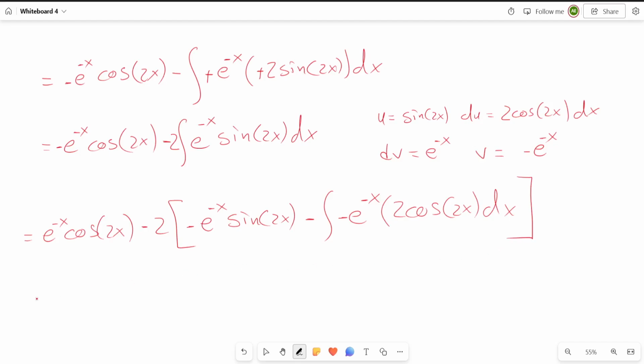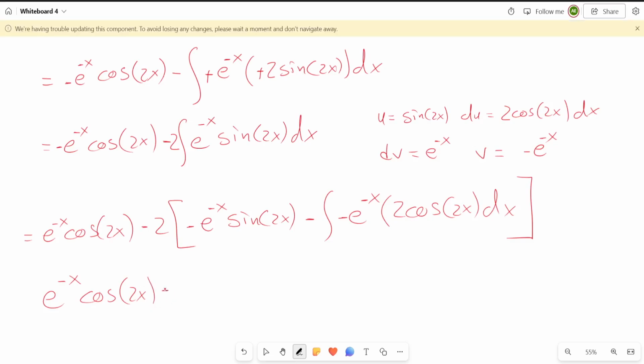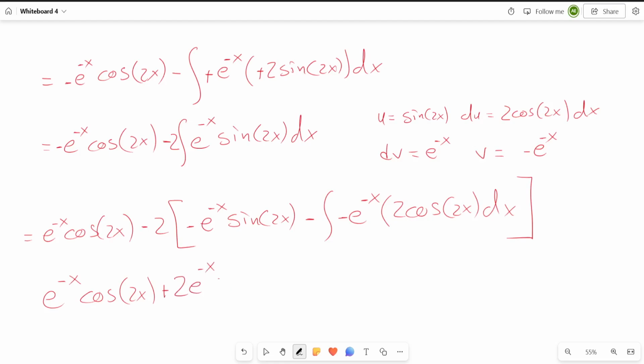So let's try and simplify this part. So this part is going to be the same e to the power of negative x cosine 2x minus, let's distribute this minus 2 inside. So minus 2 times minus e to the power of negative x is going to be net plus 2 e to the power of negative x sine 2x. And then this over here, a minus and a minus is going to be plus, plus.